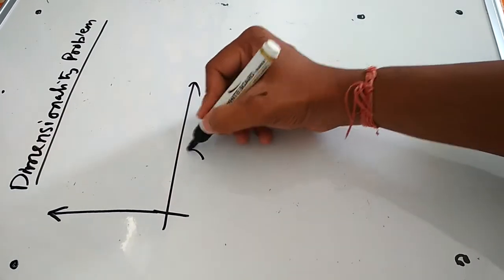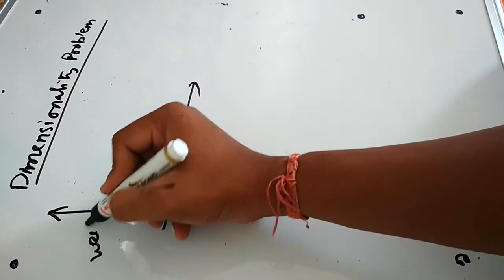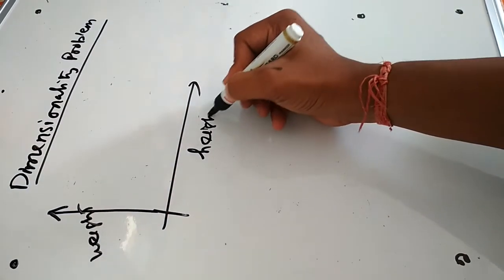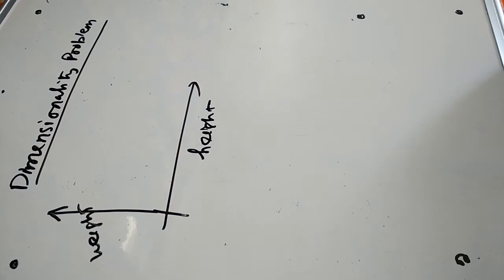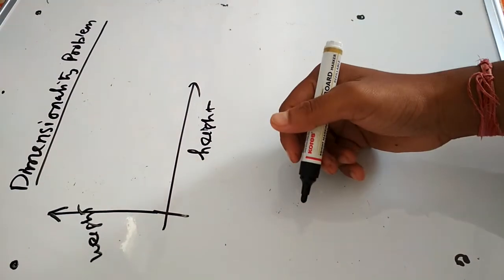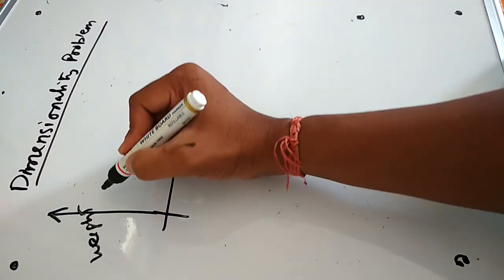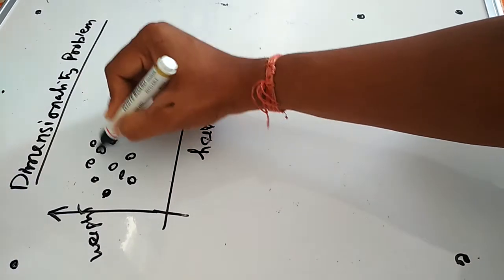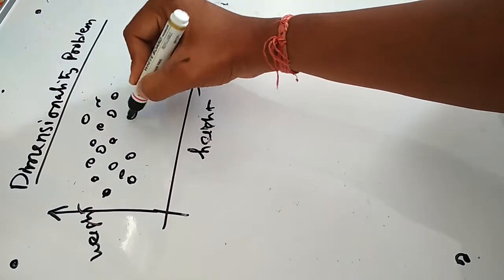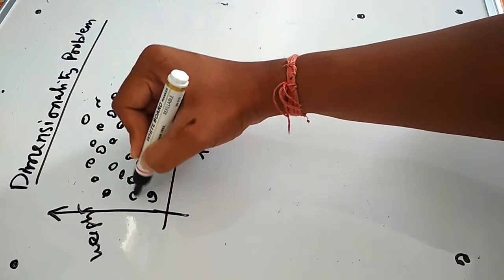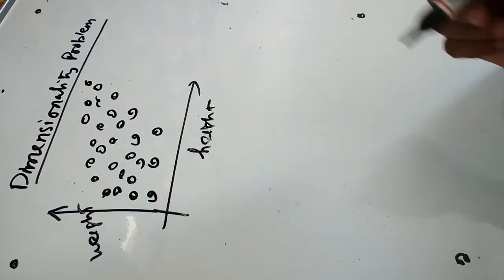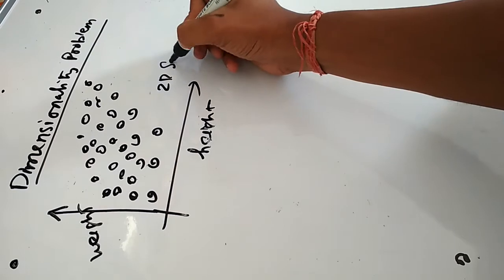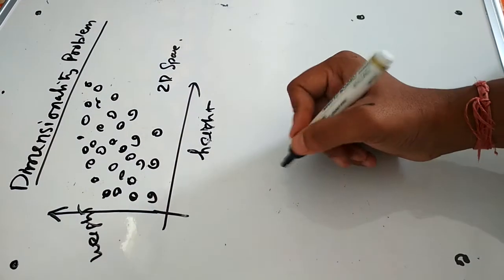You can see here height is there, here weight is there, and we have to project the points of this 2D space into 1D space.